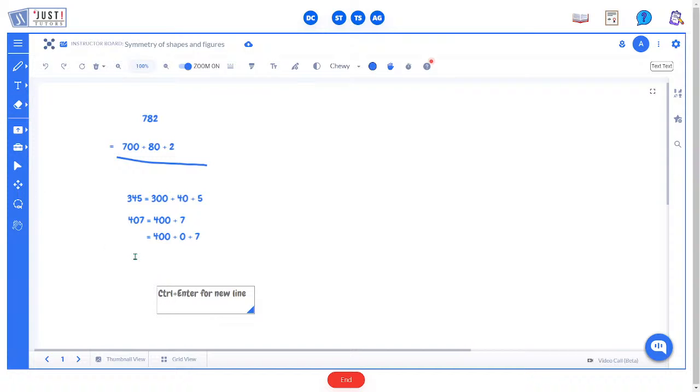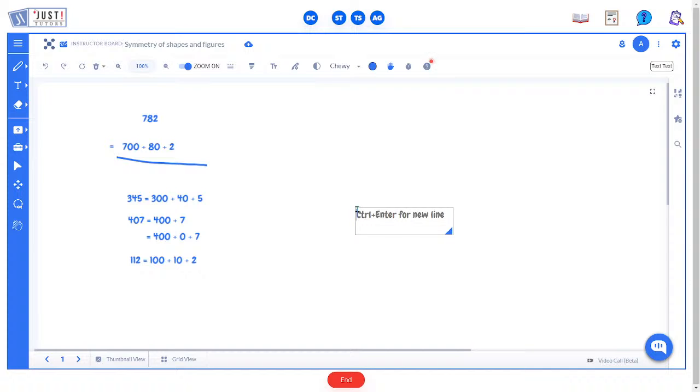So we can write in any way the expanded form of 407. Now let's try writing another number, 112. If I try writing the expanded form of this number, it would be 100, add 10, add 2, which makes 112.